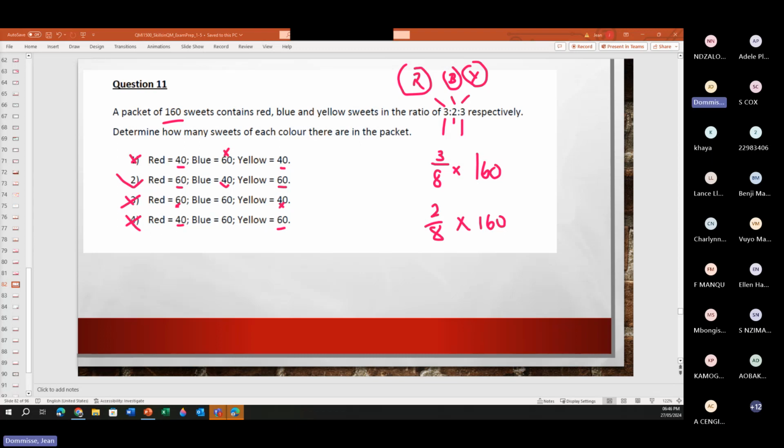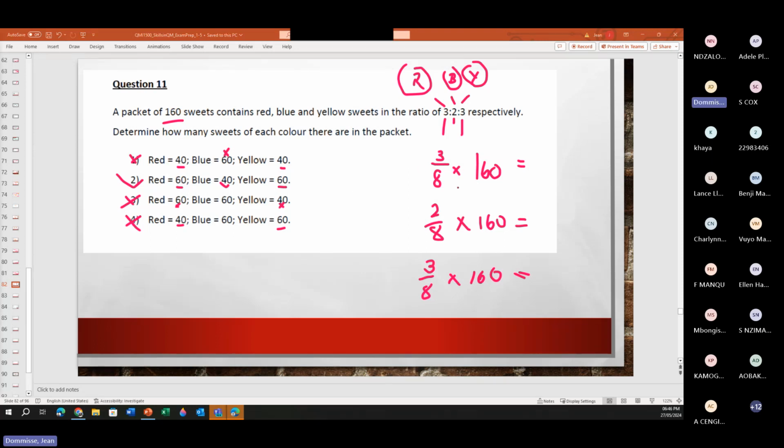And then for the yellow, again, there's 3 of them, 3/8 times 160. Okay, so that is how we would have worked out how many numbers there are.